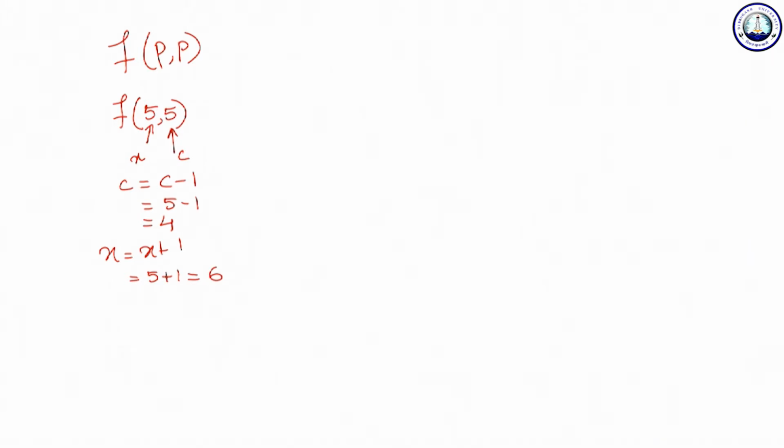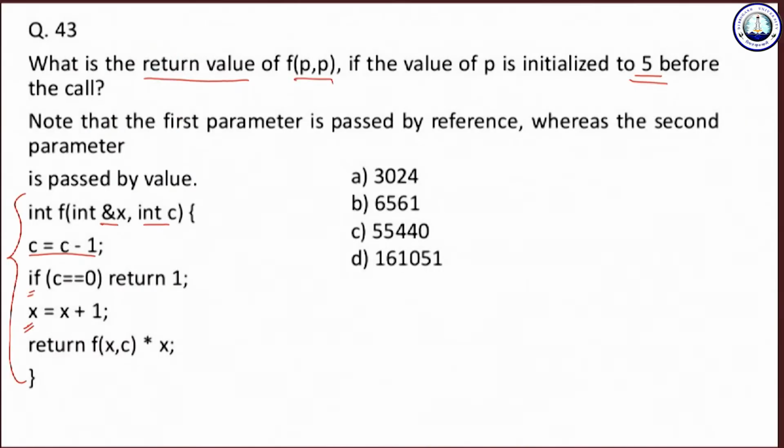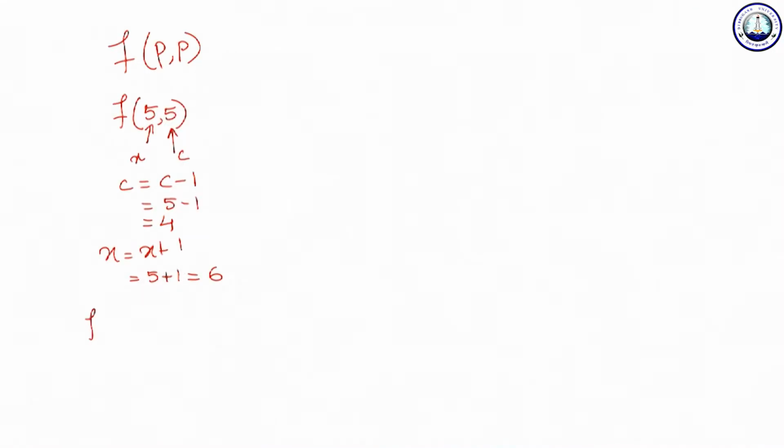Then coming to here, f of x comma c, where c is 4.